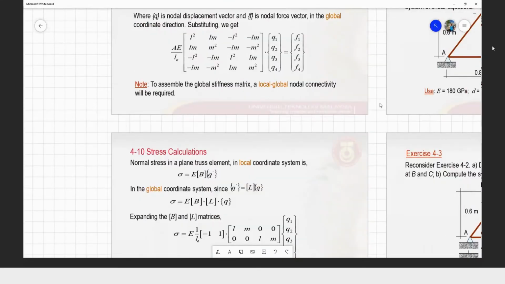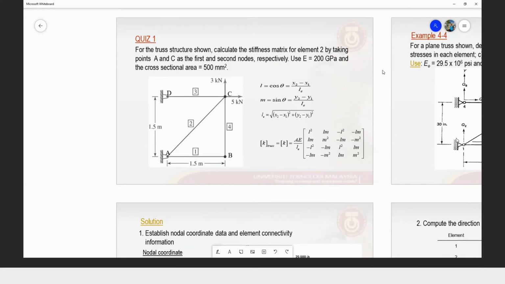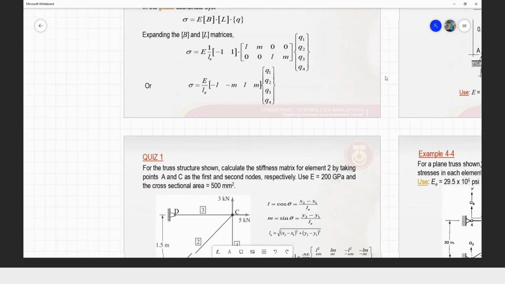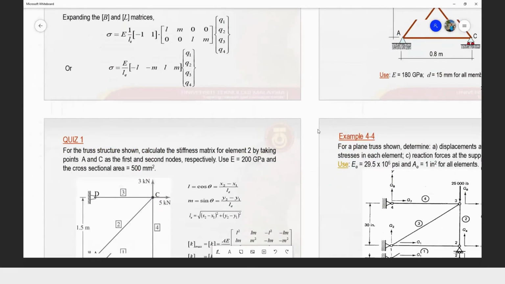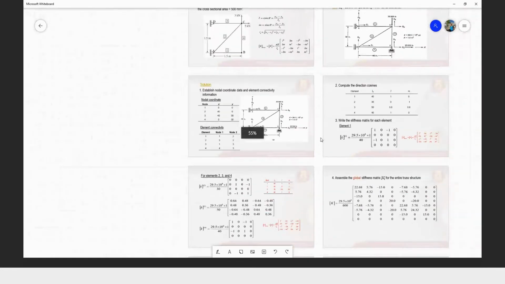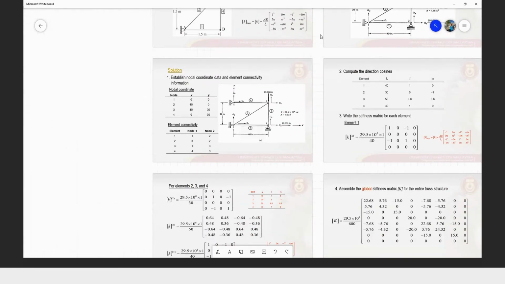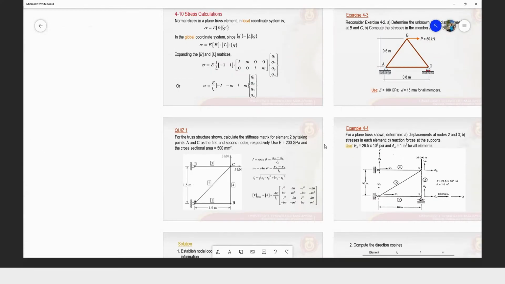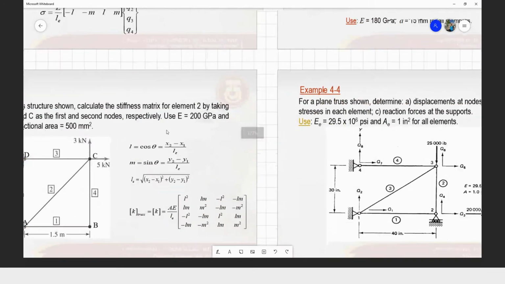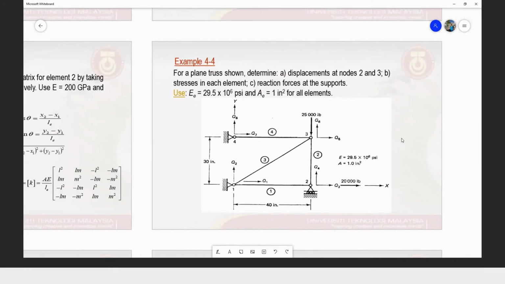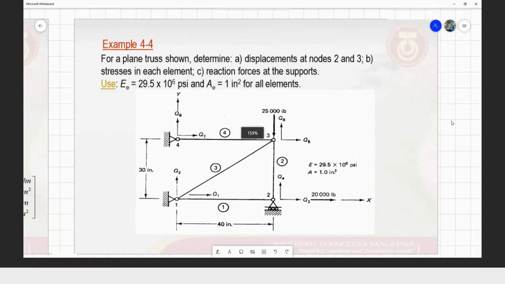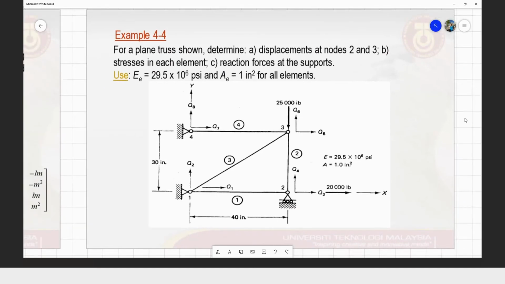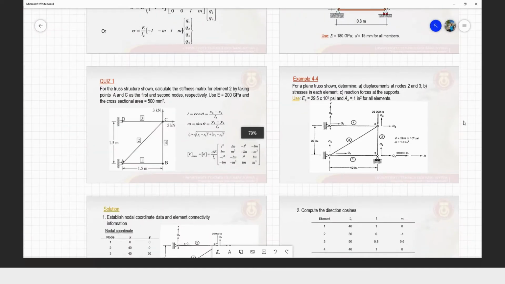If I can remember, did we look at this example? Which one? Let me look. This one. Where is the problem?